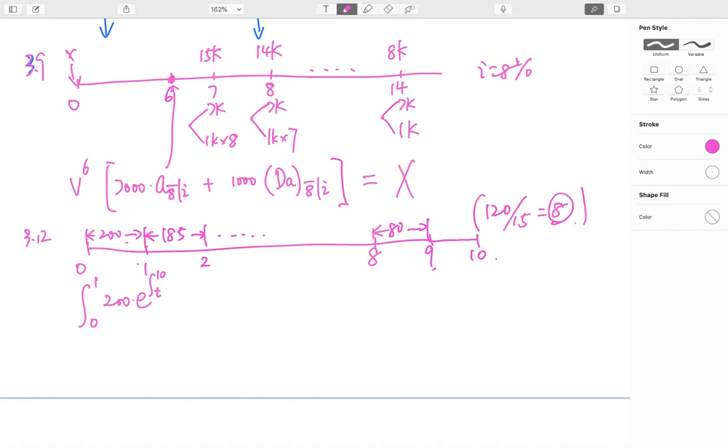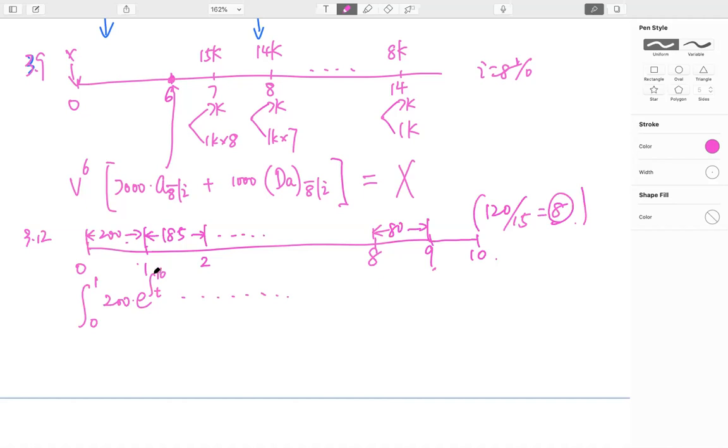So this is what you can do for continuously for each one. I'm not sure why they put 10 years for each year, and they say the last payment is received in the 9th year. Huh. I mean, we can calculate 2 times 10, but it seems there's some error with the question. It should be at time 9.